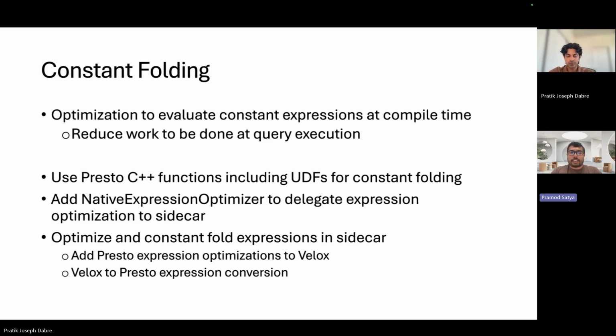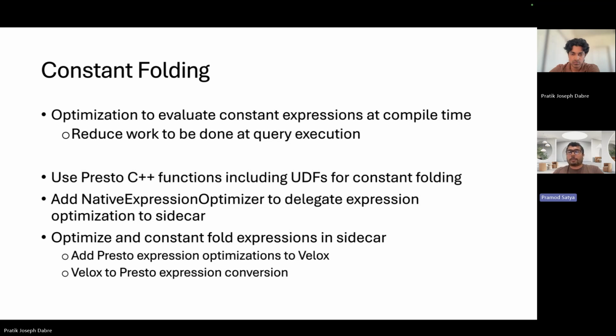Using the sidecar, we can optimize and constant fold Presto expressions during the query planning stage. To do this, we introduce a native expression optimizer in Presto, which is an implementation of the expression optimizer interface in Presto SPI, but for Presto C++ clusters.